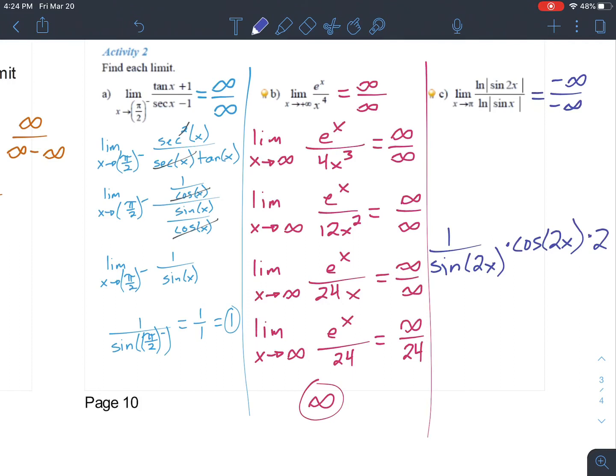So that means that for the top, if we choose to simplify, and actually I'm not going to turn that into cotangent, I am going to keep it as 2 times cosine of 2x over sine of 2x.